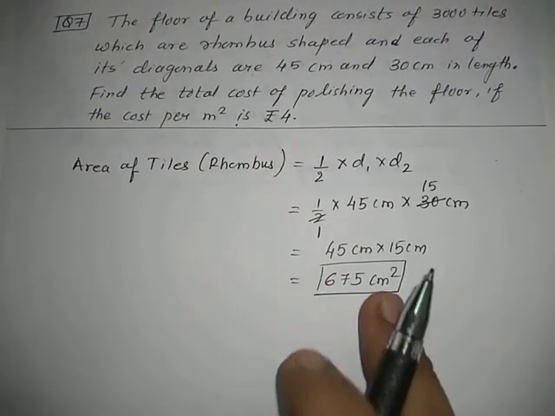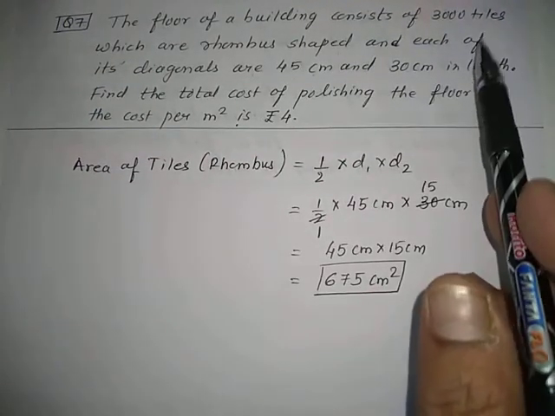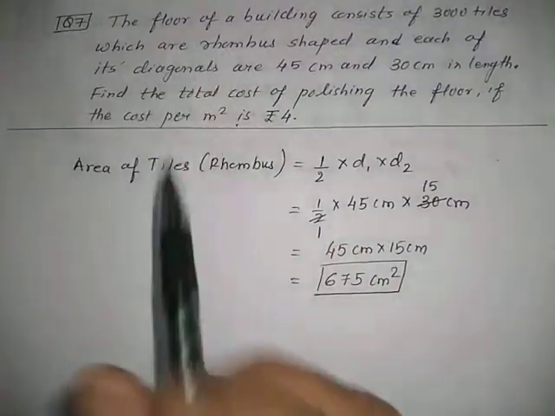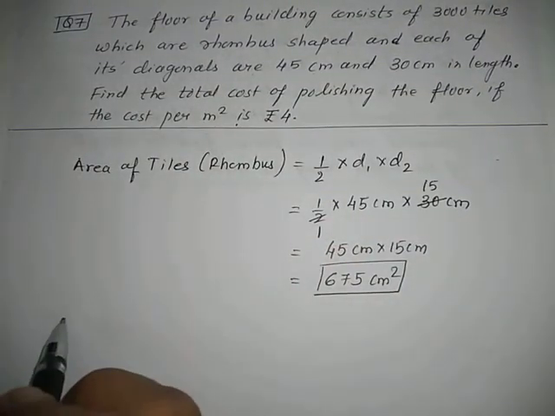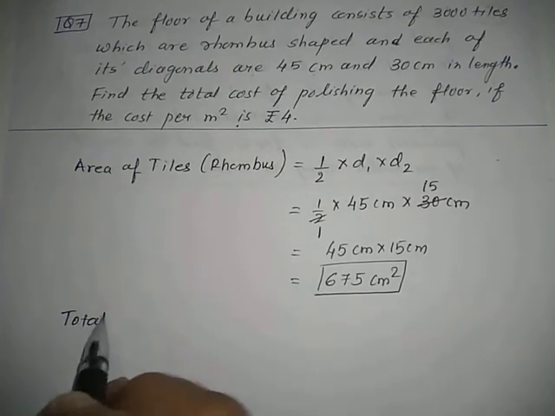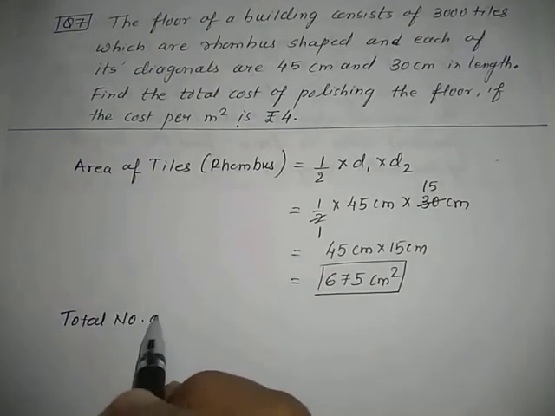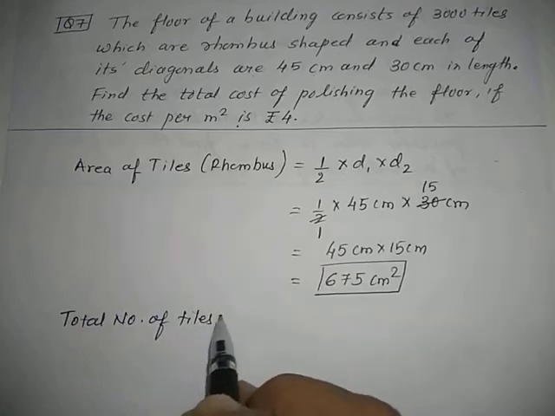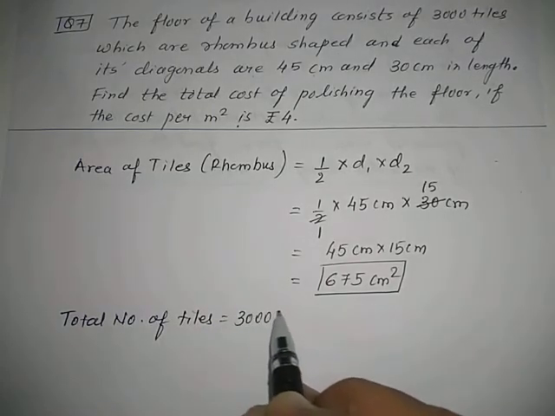Now the area of a tile multiplied by the number of tiles will be the area of the floor of the building. So the total number of tiles we have is 3000.